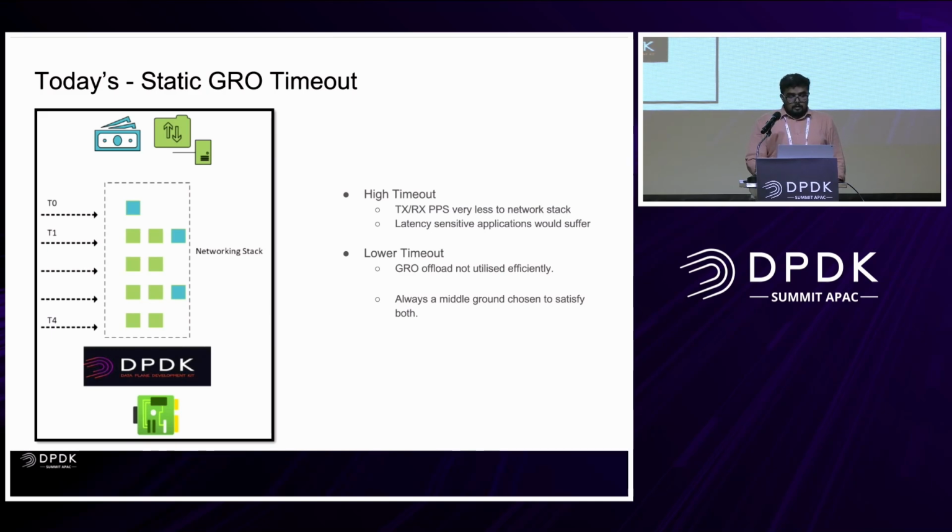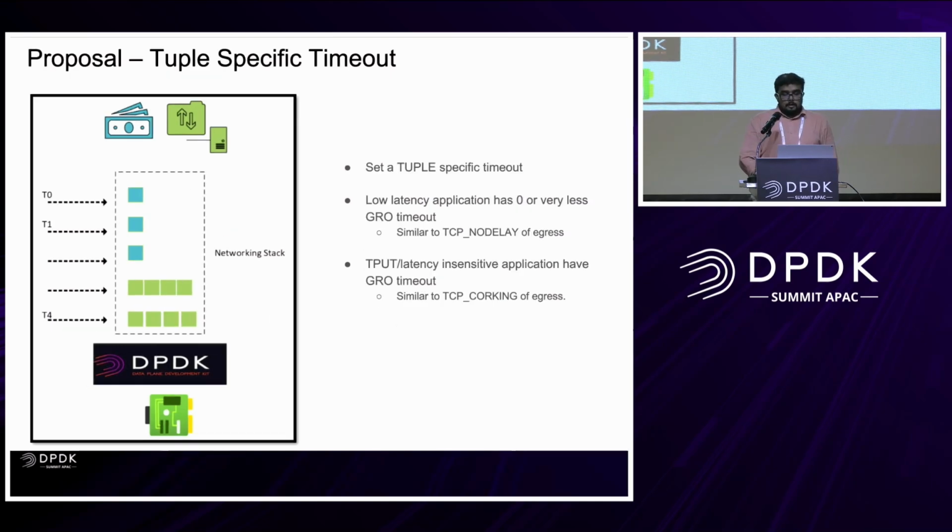So the proposal here is, can we set a tuple-specific timeout? The tuple could be anything. We could use the RTE flow, have masking on the RTE flow, and put it in a separate hash table. So whenever a GRO entry is created for a particular flow, we could refer to this flow table to see what specific timeout is to be used.